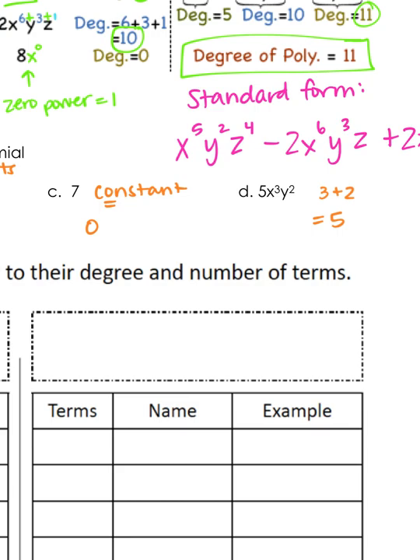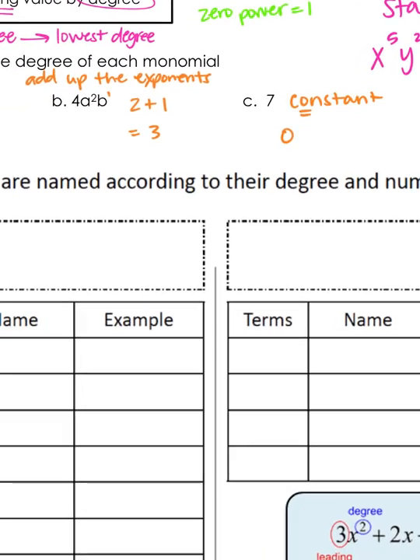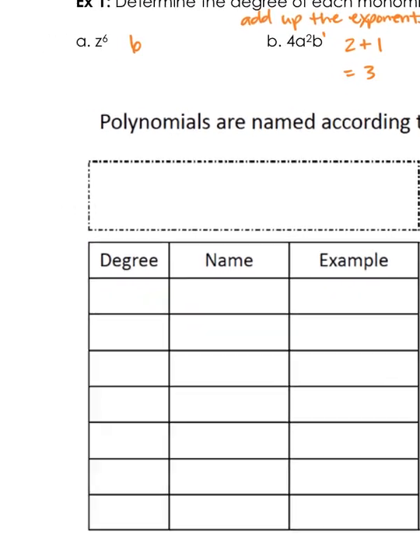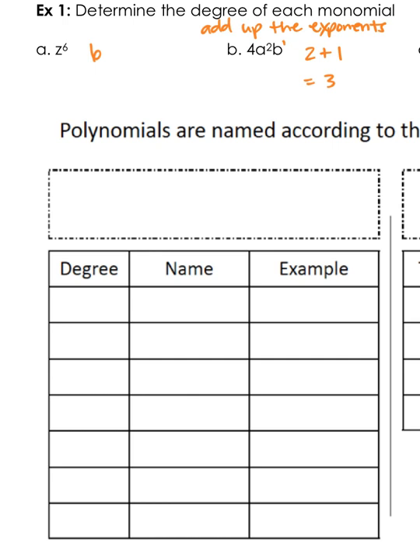Right, the last thing we're going to look at here is polynomials are named according to their degree and according to their number of terms. So for this first one, we're going to look at the degree name.